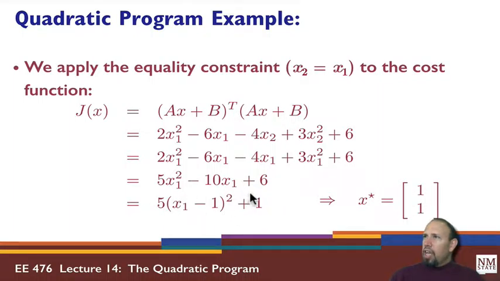And since x2 is equal to x1, this is our optimal solution: x1 is equal to 1, x2 is equal to 1. Because we knew which constraint was active, we could apply that and simplify our problem and then solve the simplified problem. This is just a picture of what's actually going on in the solution of the quadratic program.